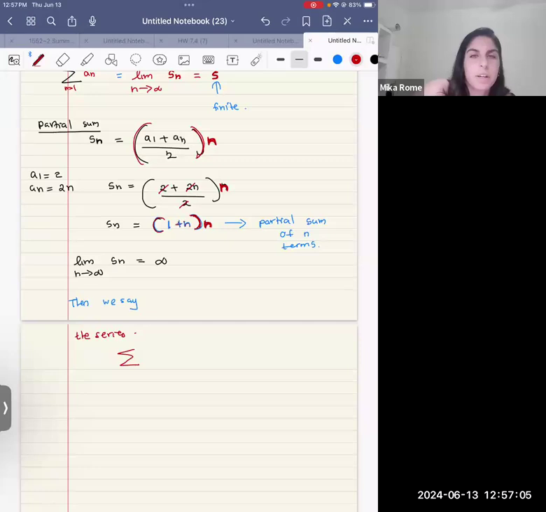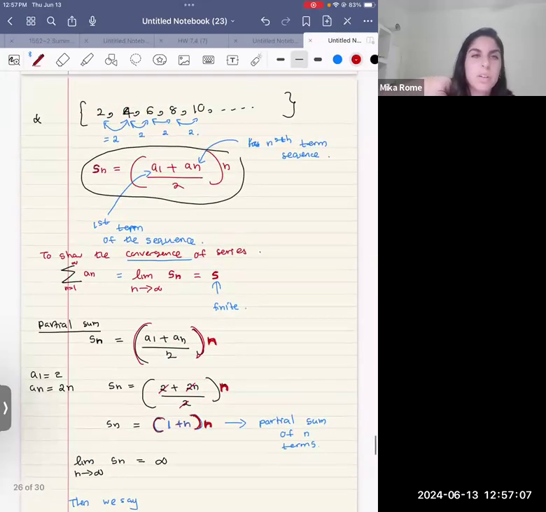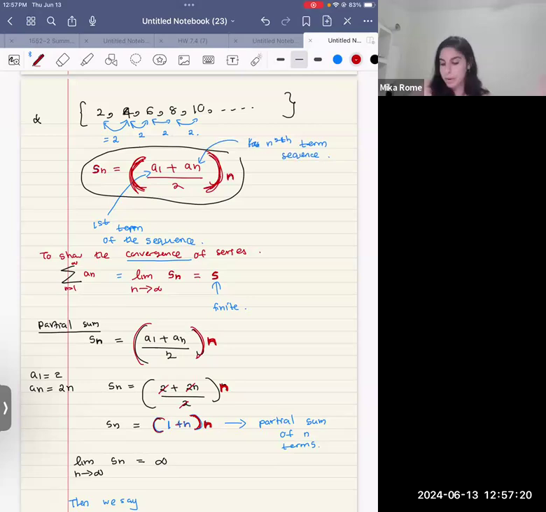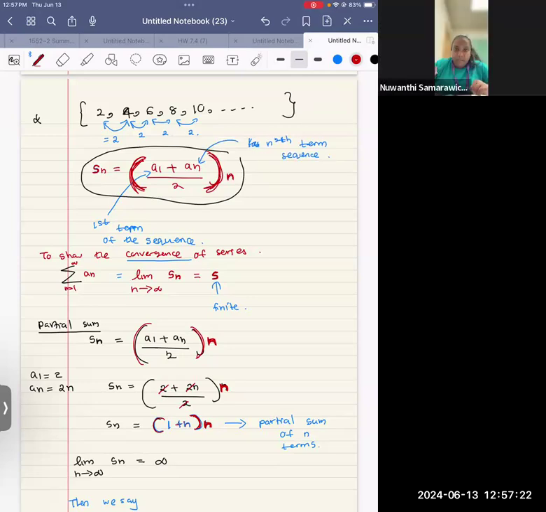Whenever you write the formula, it's times n as well. Sorry, this whole term is multiplied by n. Did you all also think it's like a power? No, it's multiplied by n. Okay.